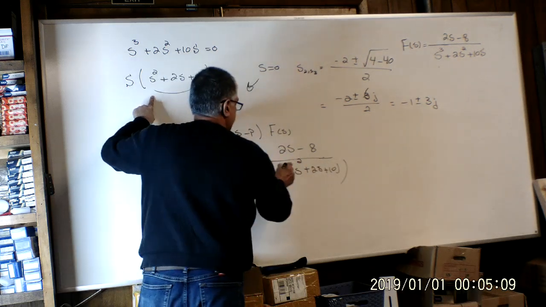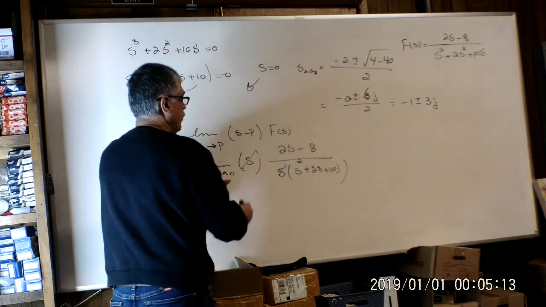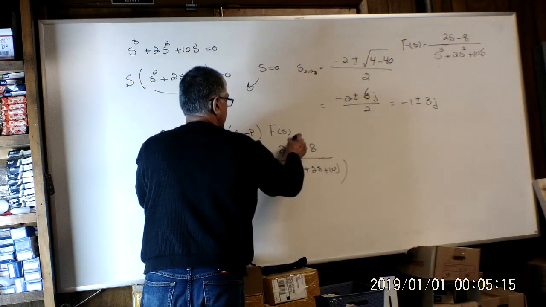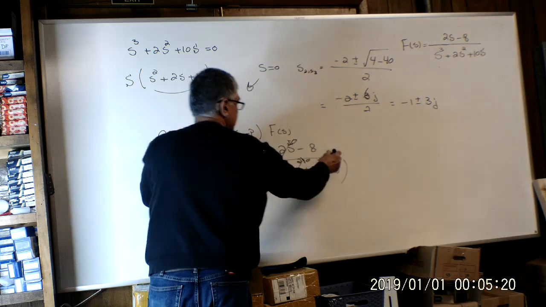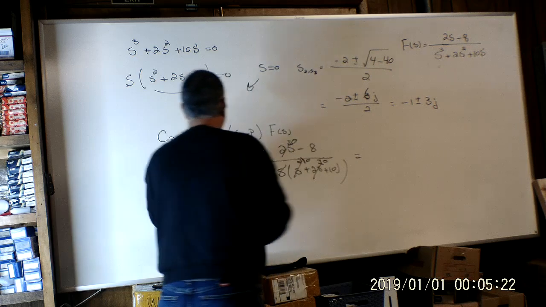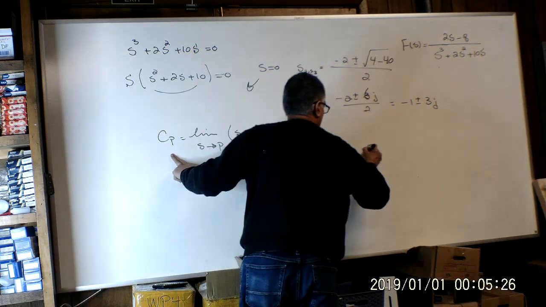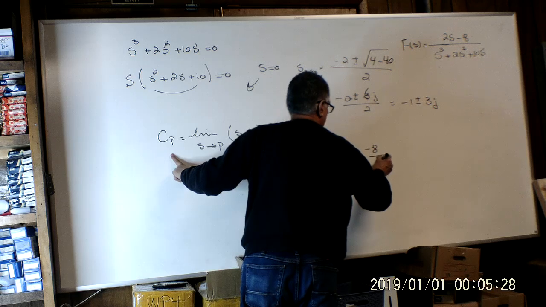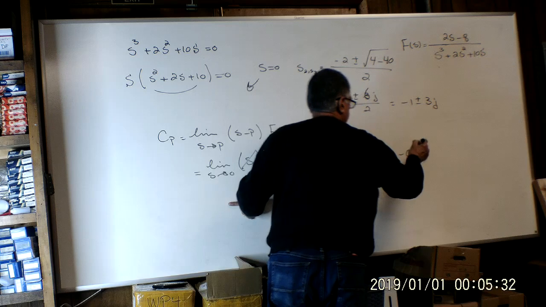So this s will cancel out, and as s approaches 0, this portion will be 0, this portion will be 0, and that portion will be 0. So our constant associated with our pole 0 will be minus 8 divided by 10, which is minus 0.8.